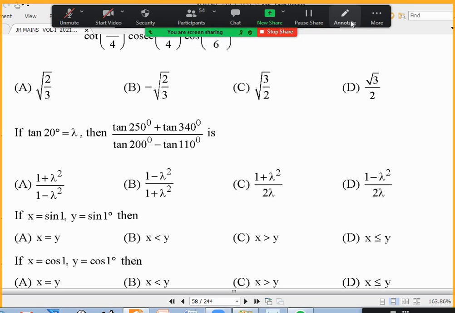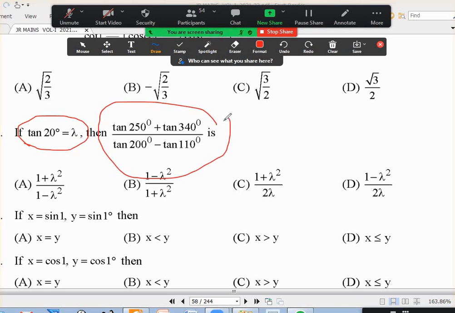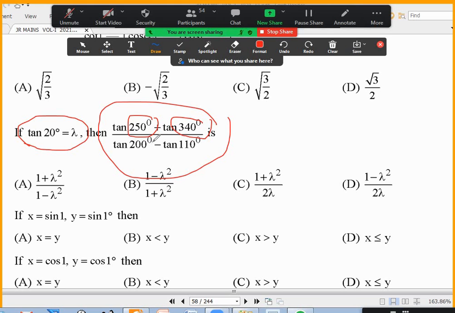Coming to question 21: tan 20 is lambda. They want us to express this whole thing in terms of lambda. How to write 250 degrees, something close to the given one? 270 minus 20. 340 as 360 minus 20, 200 as 180 plus 20, and 110 as 90 plus 20.